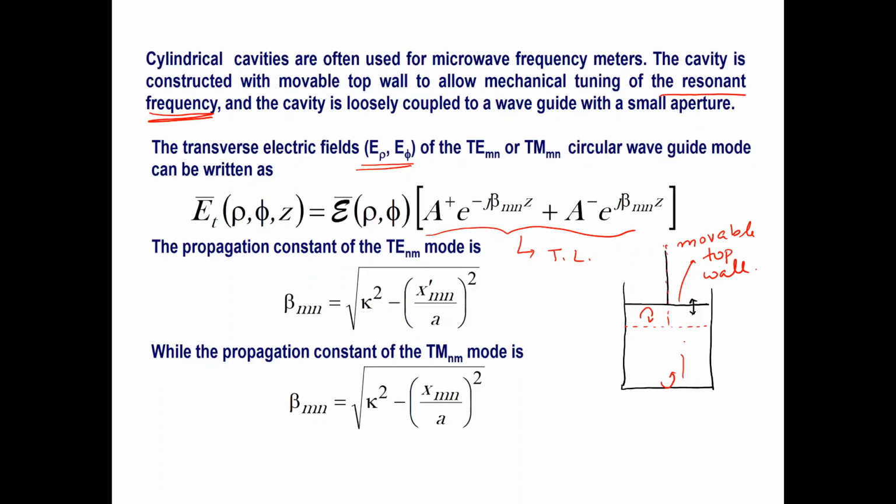There is a wave going forward, there is a wave going backwards, and this wave has an amplitude variation in the transverse directions, rho and phi, and the result you're going to get is the beating of those two waves.